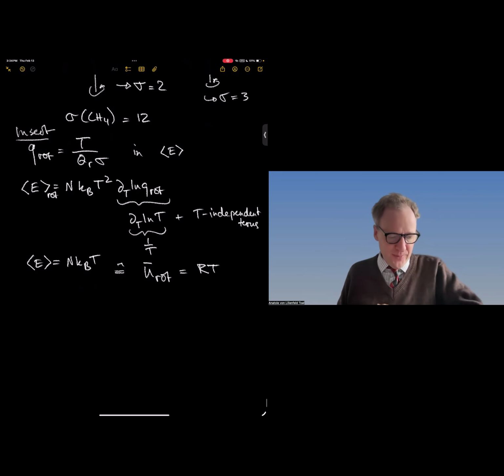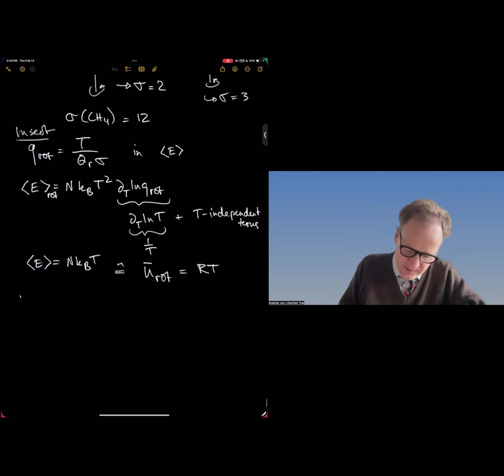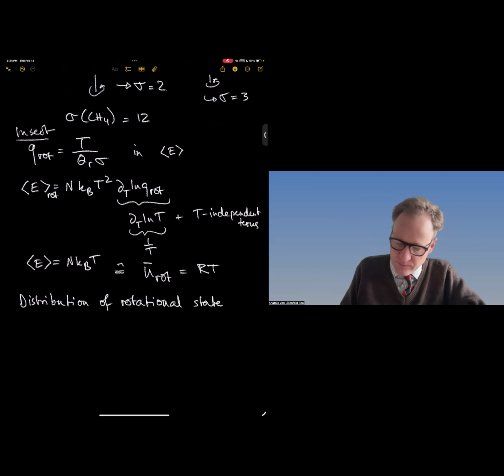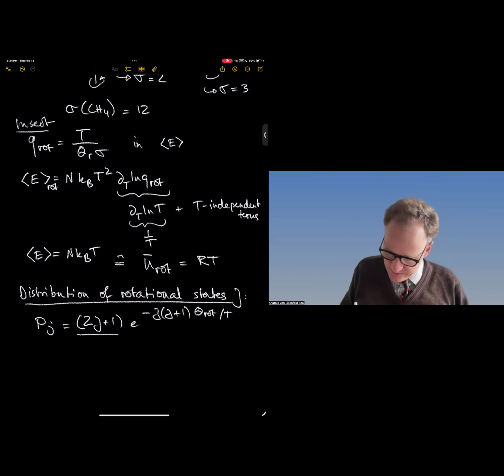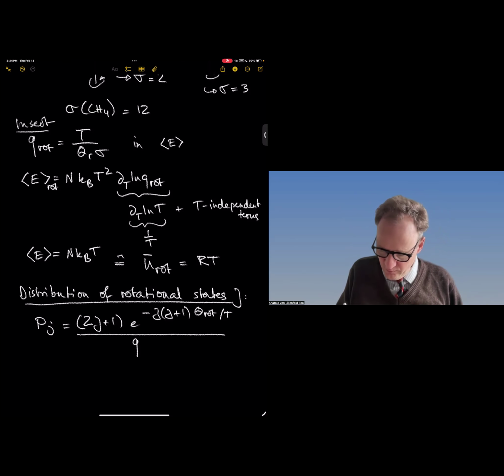So in particular, if we now consider the distribution of rotational states J, then we can write down the Boltzmann probability, which would correspond to 2J plus 1 times e to the minus J times J plus 1 tau rot over T, and this whole thing divided by q rot.